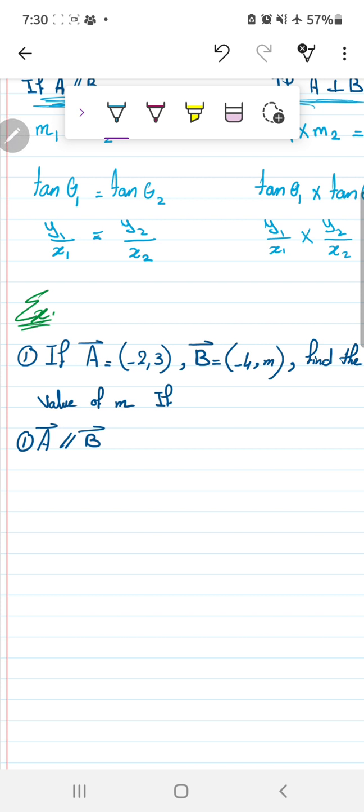As we said, what is the meaning of vector A parallel to vector B? It means they have the same slope. So since vector A is parallel to vector B, m1 equals m2.